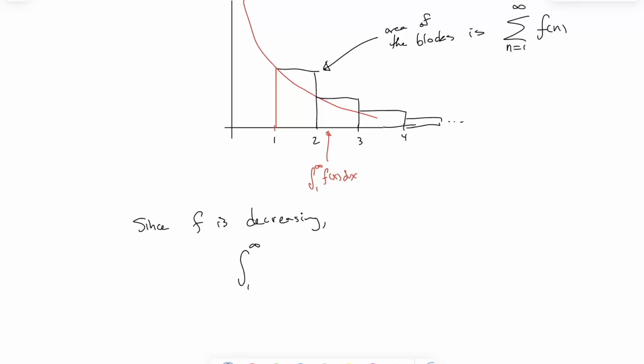The integral from 1 to infinity of f of x dx is less than or equal to the sum from n equals 1 to infinity of f of n, right? Because the boxes that I drew stretch up above a little bit.